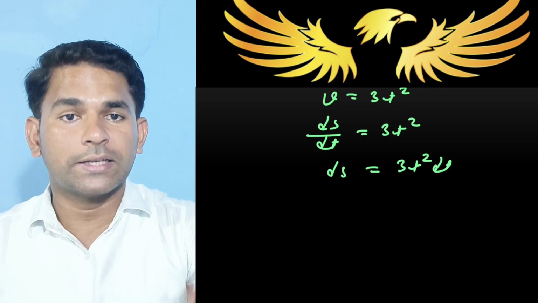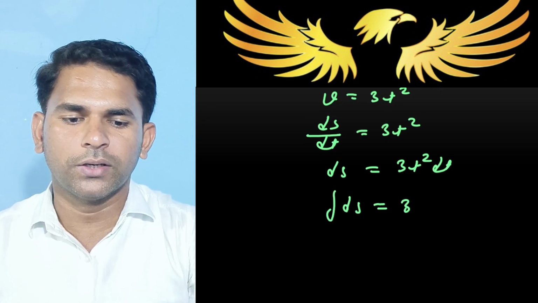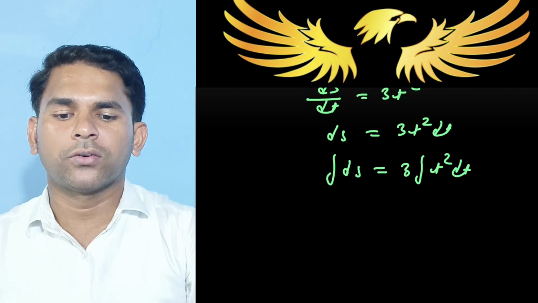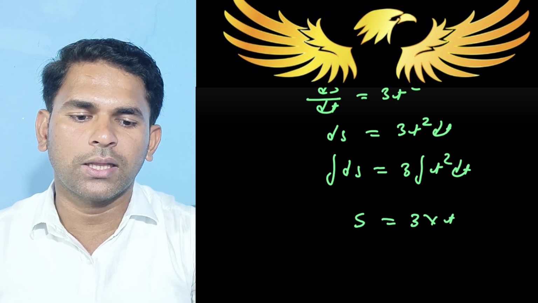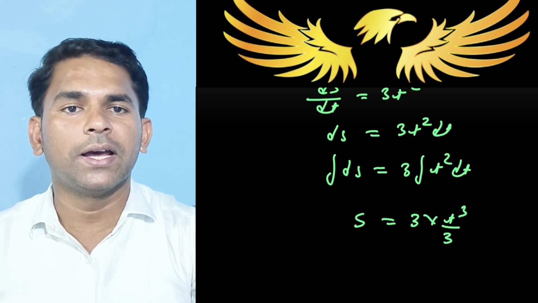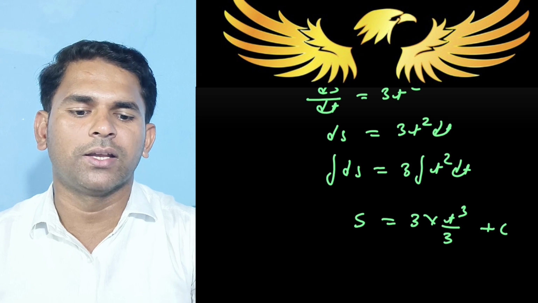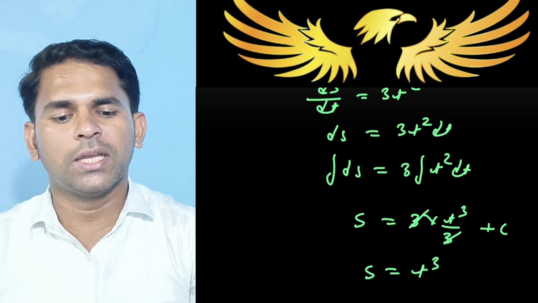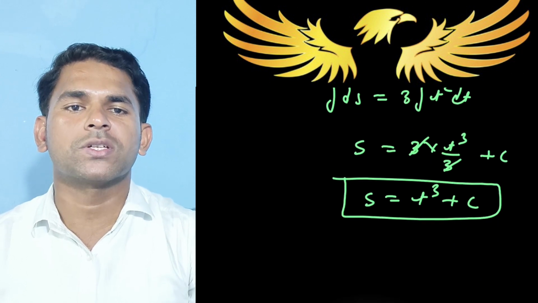To find the displacement, we integrate both sides. The integration of ds gives displacement s, and 3 into t cube upon 3. This is an indefinite integration, so we write plus c also. The 3 and 3 cancel, so s is equal to t cube plus c. This is the displacement equation.